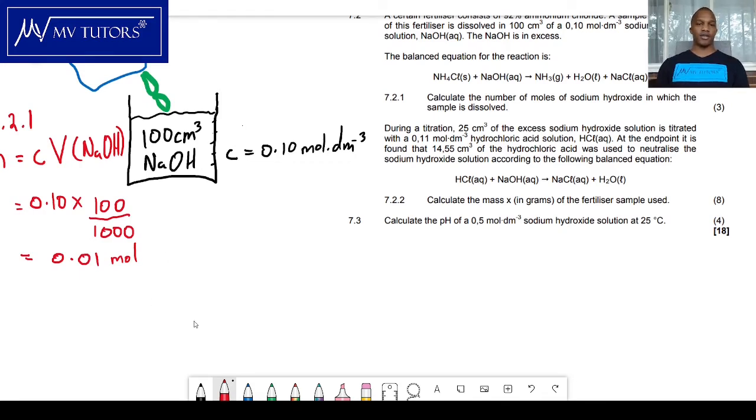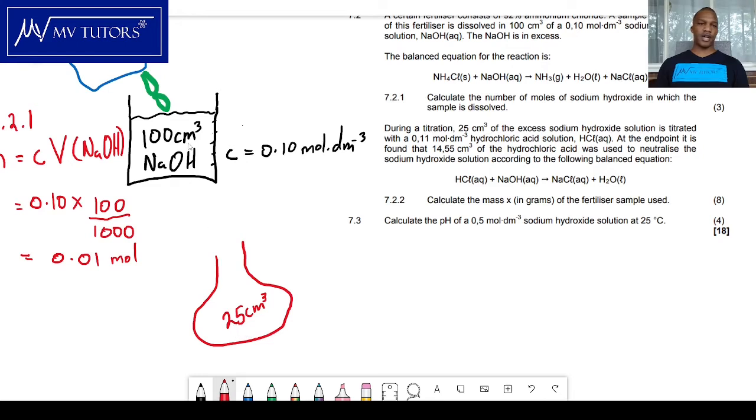An acid. So basically we have a flask here, and it's filled with 25 centimeter cubed of what?